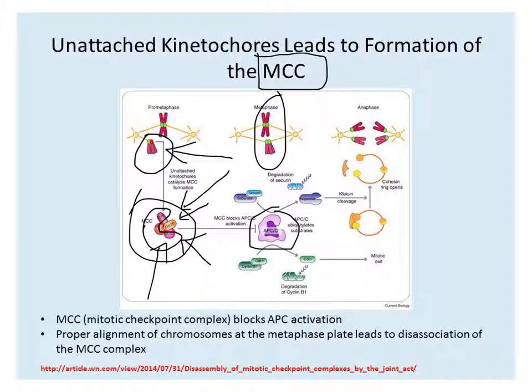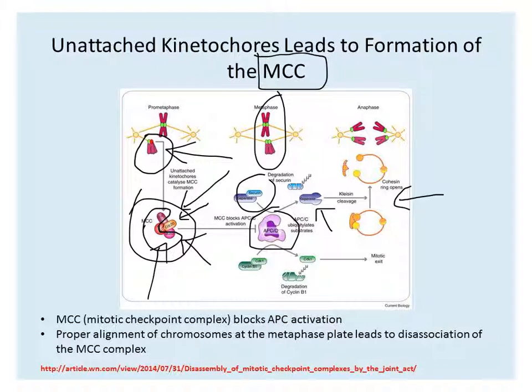One important target is destruction of a protein called securin. And securin holds separase. And when securin is released, the separase is an enzyme that will cleave cohesin rings that hold sister chromatids together, thus allowing the sister chromatids to separate during anaphase.